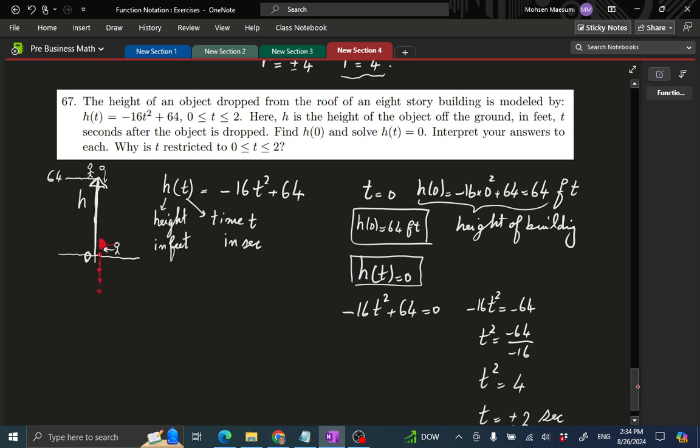Of course, you're not dropping some sort of bunker buster bomb or something. It's just a water balloon. It's going to splatter on the floor here. So this formula has a limitation on itself. The limitation is that as soon as the water balloon hits the ground, that's the end of that formula. After that, something else is going to happen. So t equal to 2 means the water balloon hits the ground.